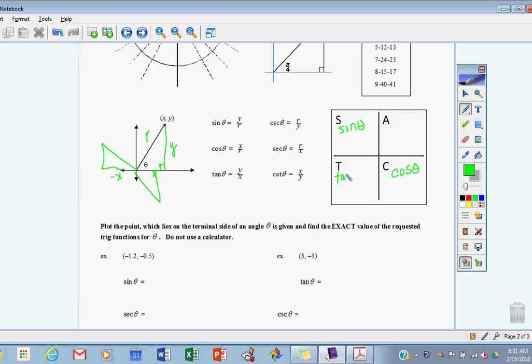Tangent is positive in this quadrant because if we were to draw a right triangle here, we have the opposite of Y, so a negative over a negative is going to create a positive. So everything is positive here: sine here, cosine here, tangent here. That's what this thing is doing.